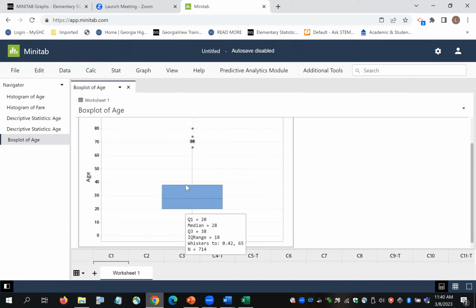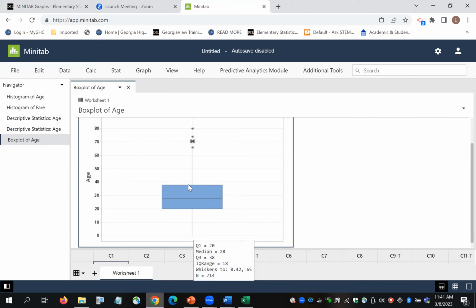And the upper line is quartile 3. And then you have this vertical line that runs out from the box. And it goes to 0.420, which was the minimum value of the data set. The other whisker runs out to about 65. And then you start seeing all these little asterisks.